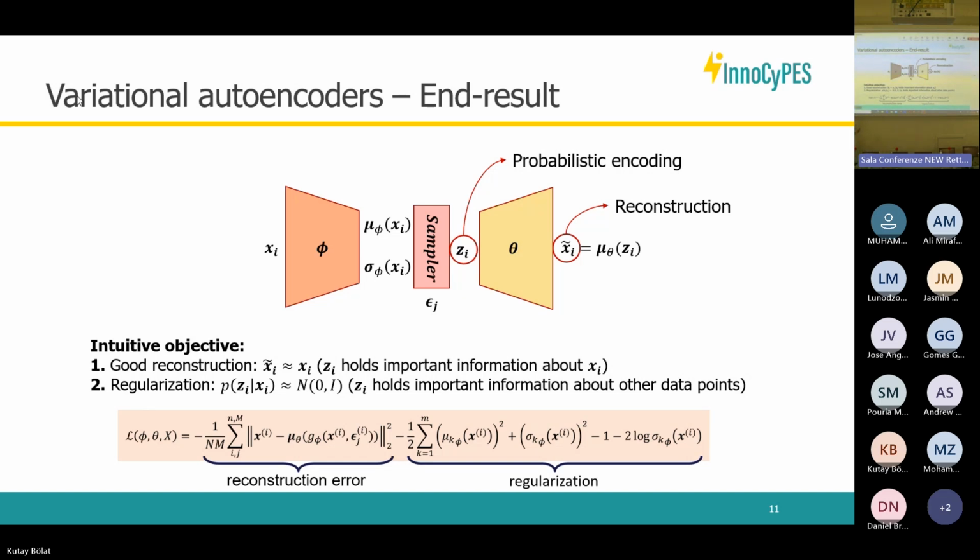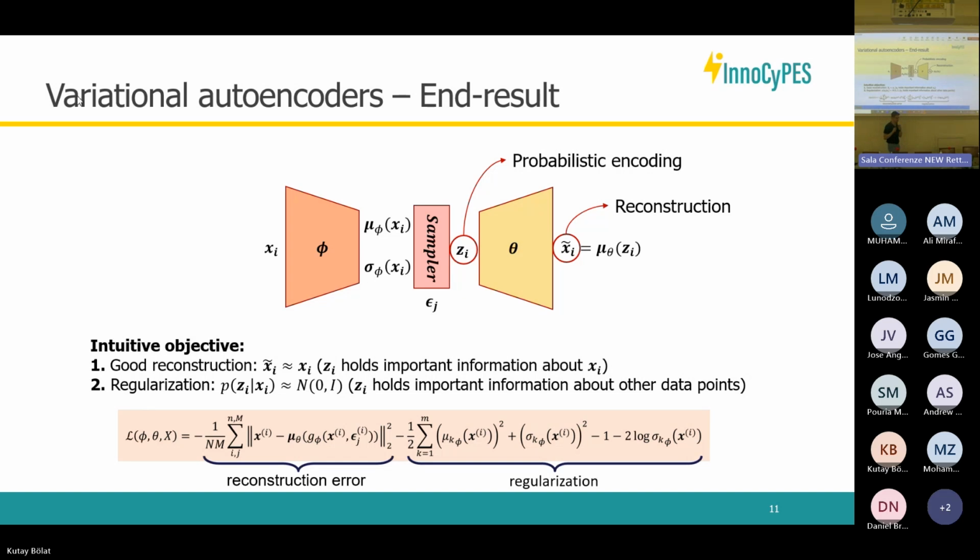This is one thing, that zi should hold information. But at the same time, given the xi, this latent encoding should be as similar as possible to a prior, a standard normal distribution, so that zi holds important information about other data points too.